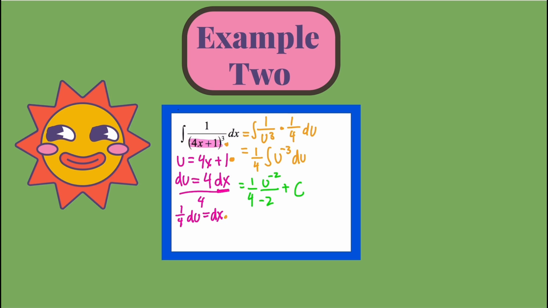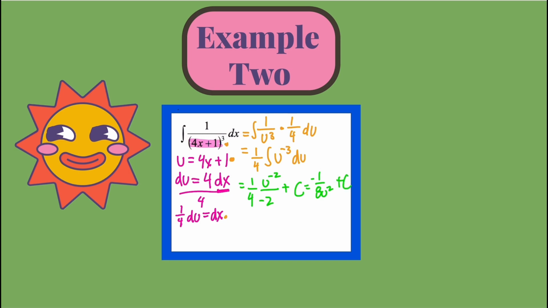And then we're going to simplify that a little bit more since we can. So now we're going to multiply the 1/4 throughout. The answer will be negative 1 over 8u squared plus c.